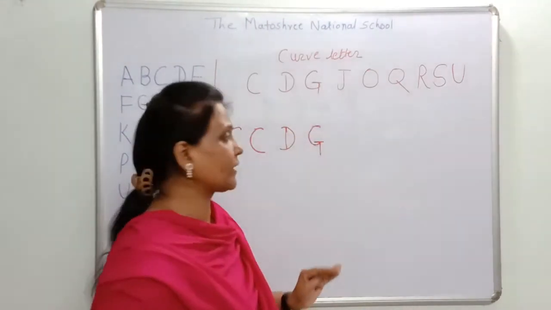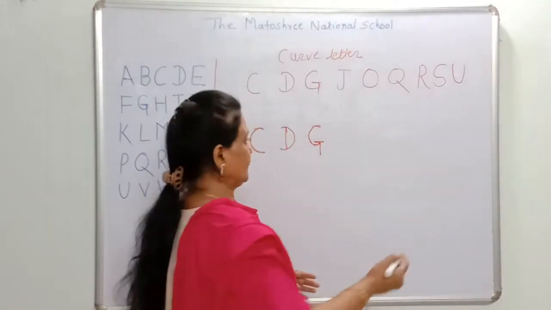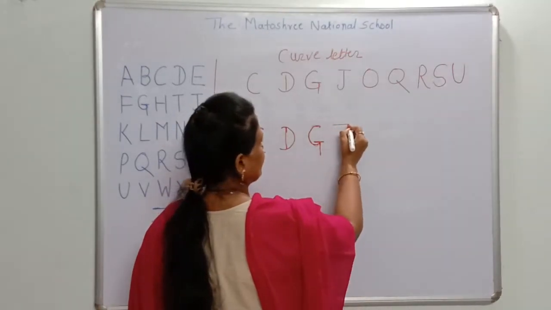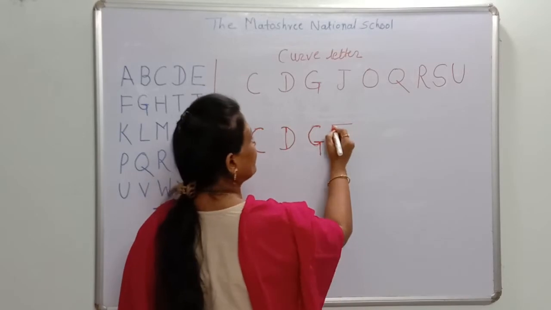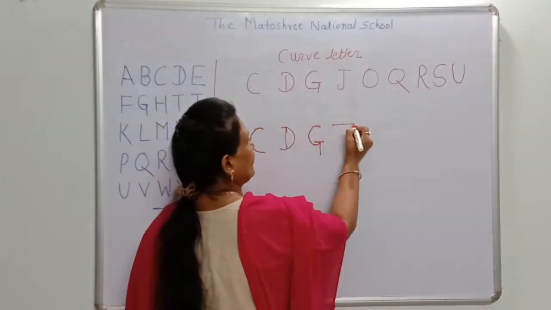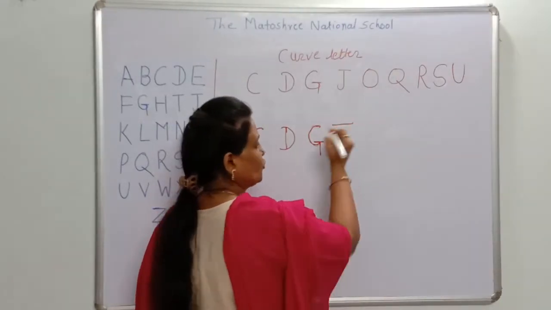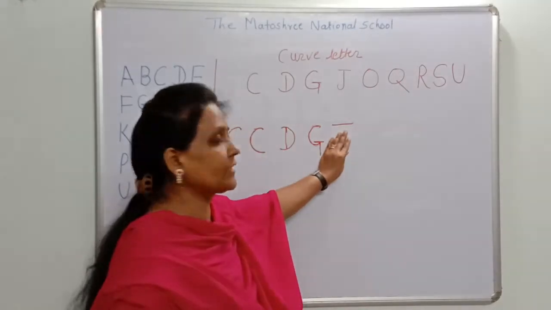Then after that, J is very simple for the students; they can write it easily. This is the sleeping line. They have already learned how to draw the sleeping line. Again you have to draw two dots, join the dots, make a sleeping line.